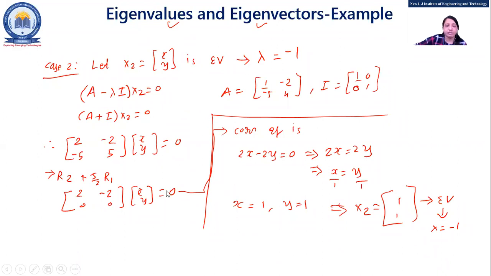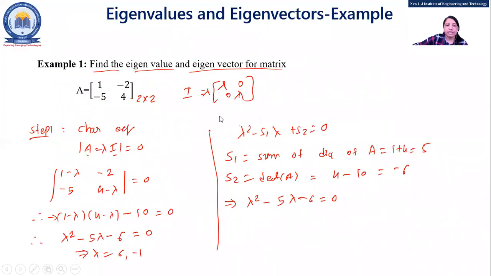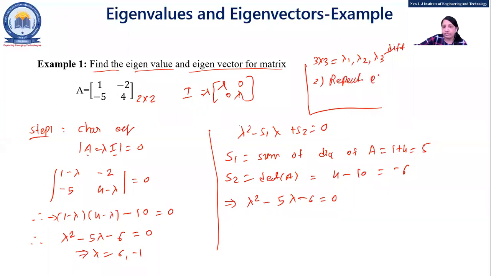Here the eigenvalues are different. Suppose there is a 3 by 3 matrix. In that one you will get lambda 1, lambda 2 and lambda 3. So it may be possible all are different. Another case you will get is repetition of eigenvalue.